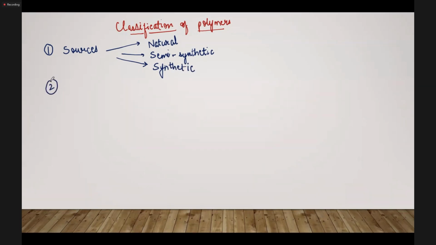Then, on the basis of structure, we have linear, then branched, and cross-linked.